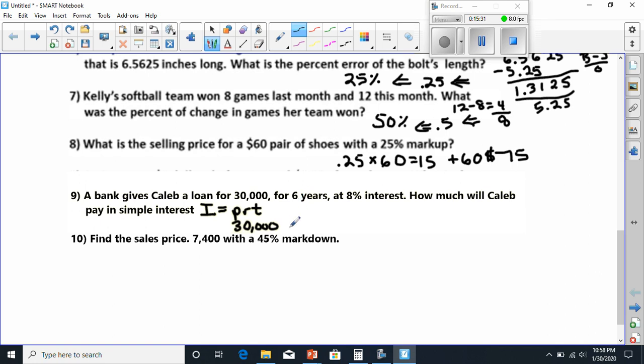Then we've got it multiplying to 6 years. And we're going to be multiplying it to 8%. And we move that decimal over twice, it'd be 0.08. Okay? So we're going to be multiplying these three numbers together. It should give us our interest. And I'm going to see if I can just move this over a second.